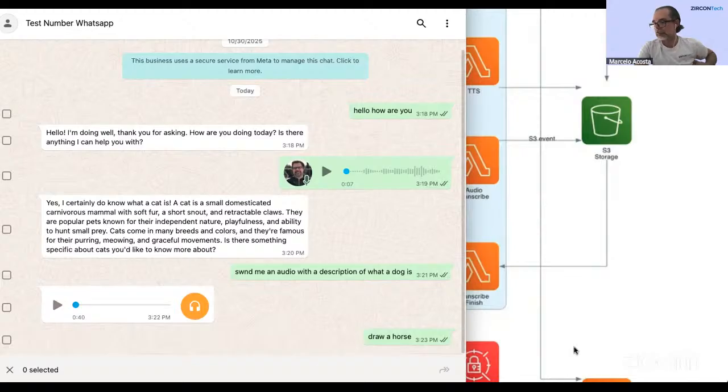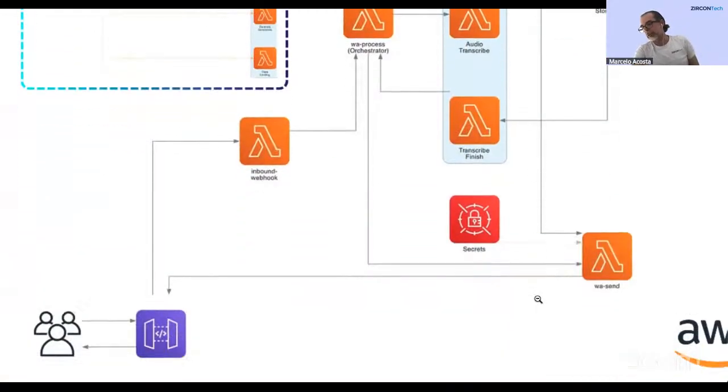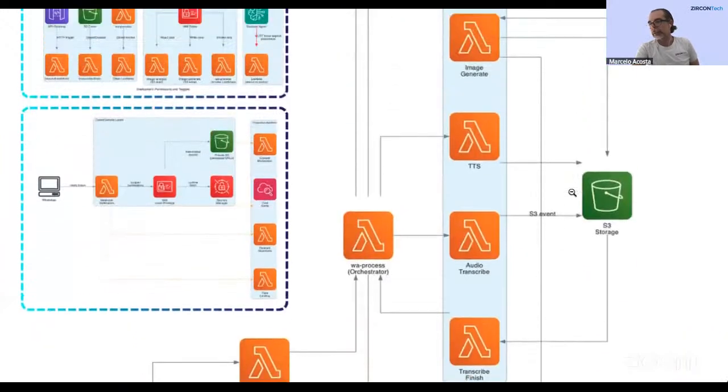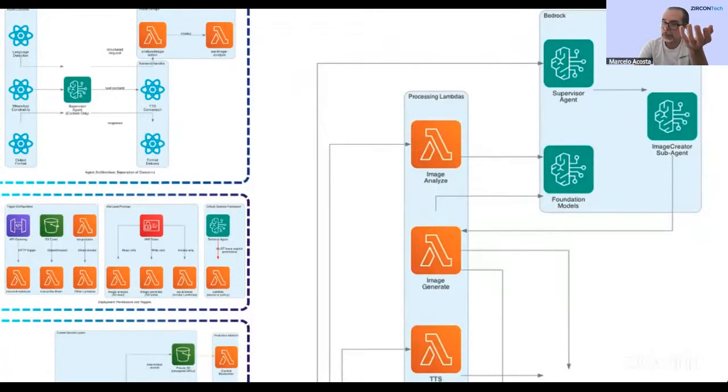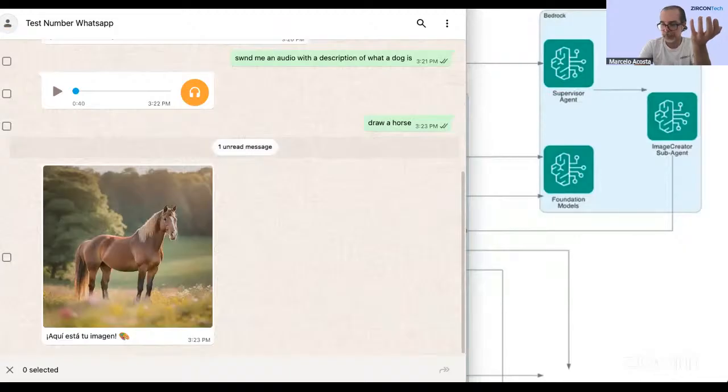Again, this is the case that I was mentioning at the beginning, where we are calling these agents inside Bedrock, because I just said draw a horse, but this has to be converted into a more complicated or more complete prompt for the image creation language model. So I get back this image.